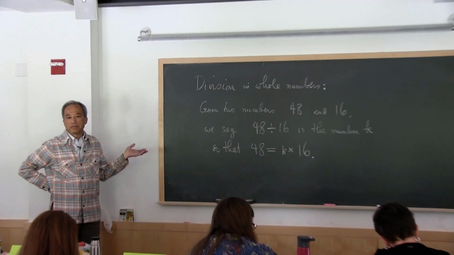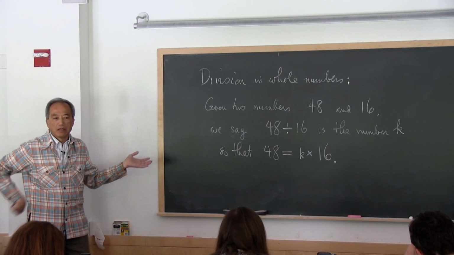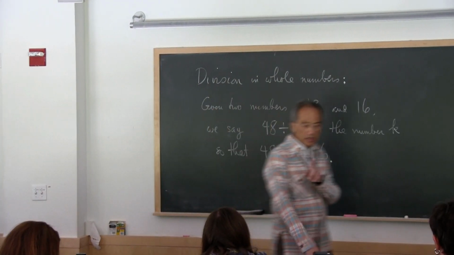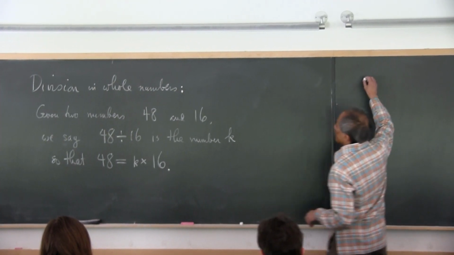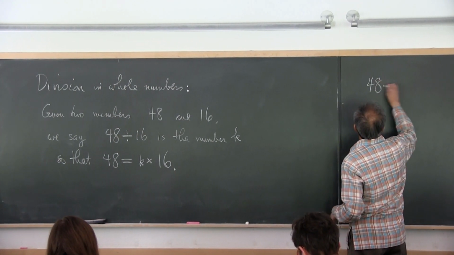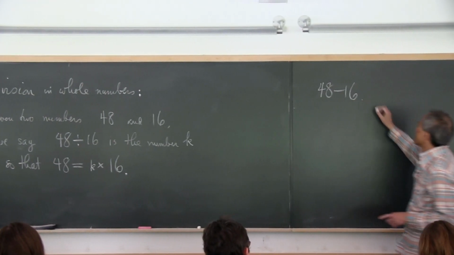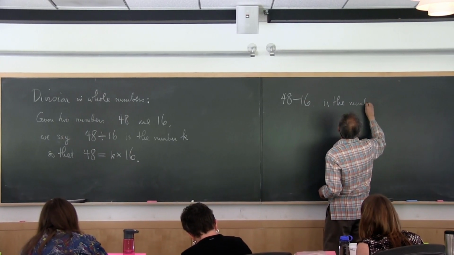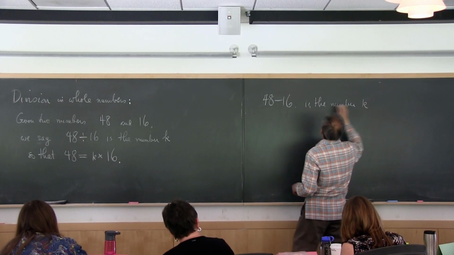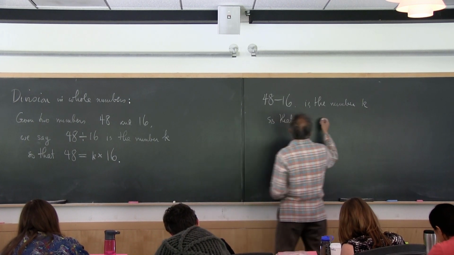That's clear cut, right? Now the only reason I write this down is yesterday we did subtraction, right? Let's look at subtraction. 48 minus 16. What did we say it was? It is the number k, so that, I forget now.